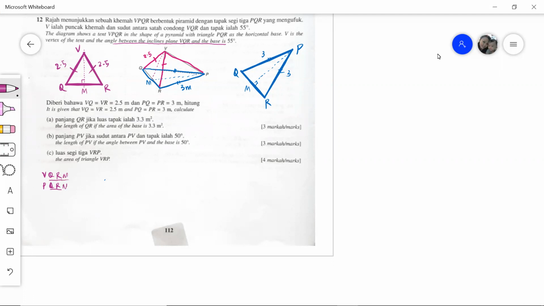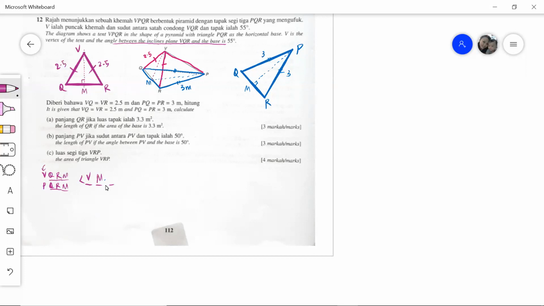Why do we need to create the M there? Because we are left with the point of V from the plane VQR. So from V, which point should we connect to so that it makes 90 degrees to QR? It's M. So the angle formed will be at M. From the plane VQR, it will be V, which makes 90 degrees to QR at M. And at the same time, P, the second point from the base, will make 90 degrees to QR at M also.